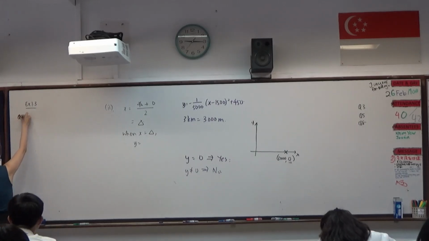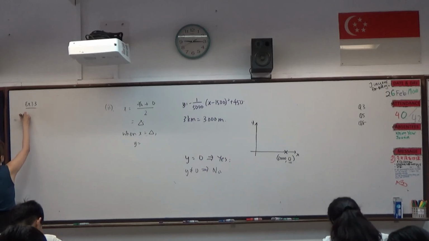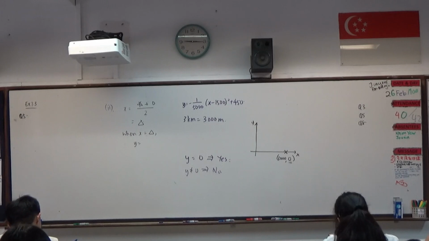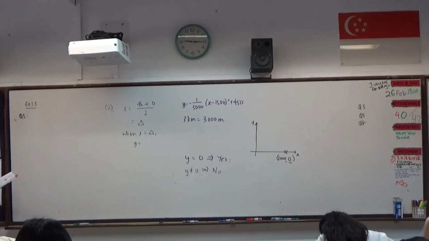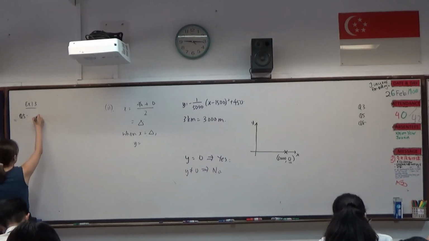Alright, next we look at question 5. It says that a section of a curved cable of a suspension bridge can be modeled by a quadratic function.